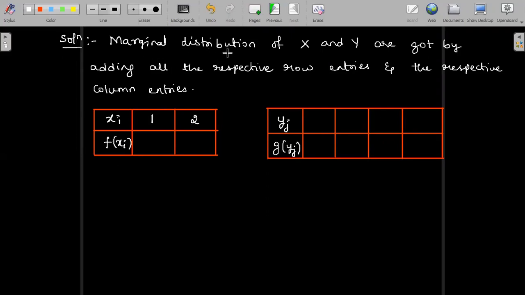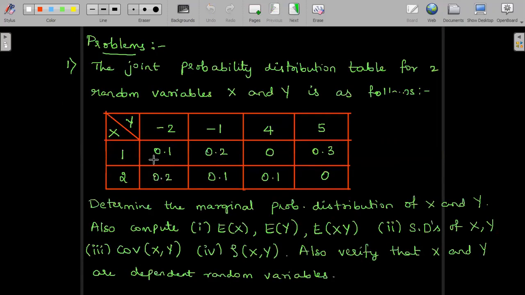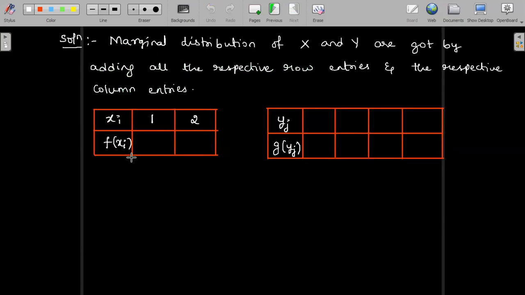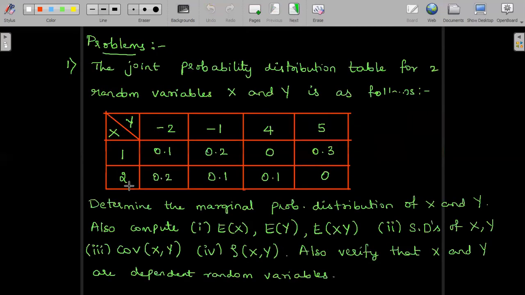So we can obtain the marginal distribution of x by adding all the respective row entries. With x is equal to 1, all the respective row entries should be added. So 0.3 plus 0.2 plus 0.1 plus 0 gives us 0.6. So below 1, I'm going to write down 0.6. Similarly, for x is equal to 2, the respective row entries should be added.